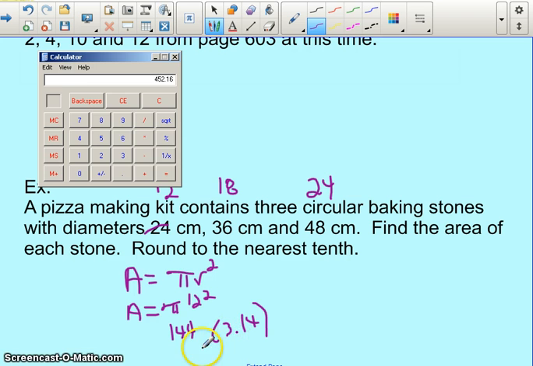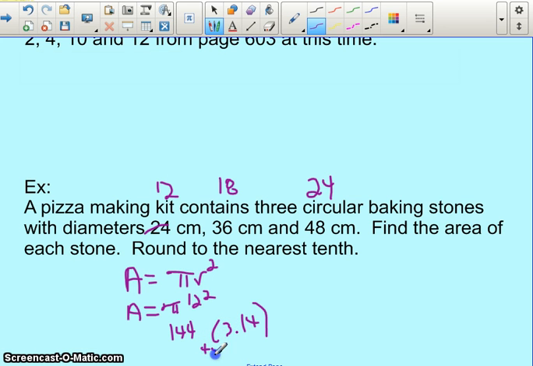So the area of the first stone is 452.2 centimeters squared.